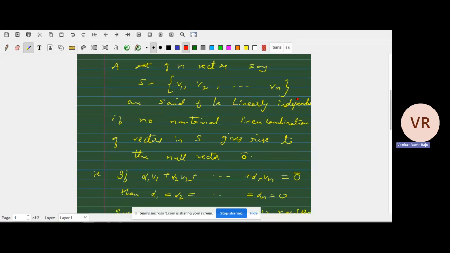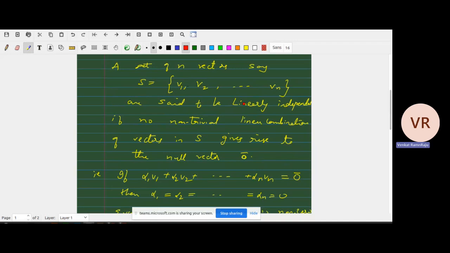We are first defining linearly independent. That is, if you take the expression alpha 1 v1 plus alpha 2 v2 and so on up to alpha n vn equal to the null vector, then this kind of equation is possible if and only if every scalar is zero. If such a situation arises, then the n vectors are linearly independent.